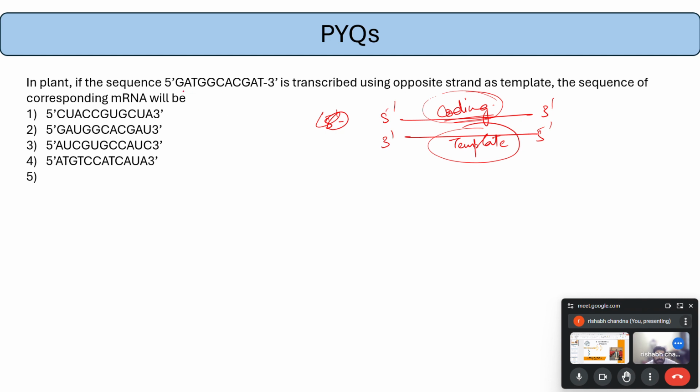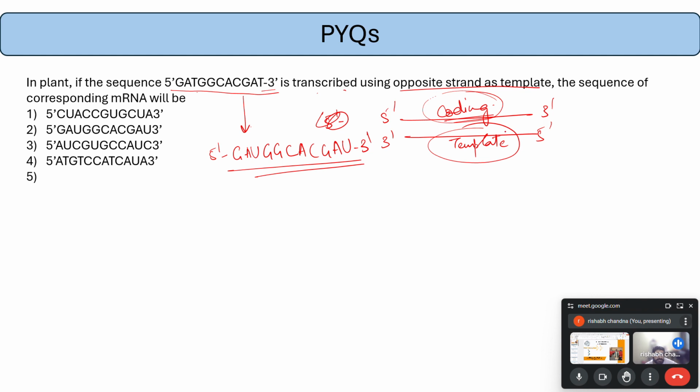So the mRNA sequence would be the same, just the T will be replaced by U. So GAUGGCACGAU will be the sequence of the mRNA, because it's written in the question that this particular sequence is transcribed using the opposite strand as the template.